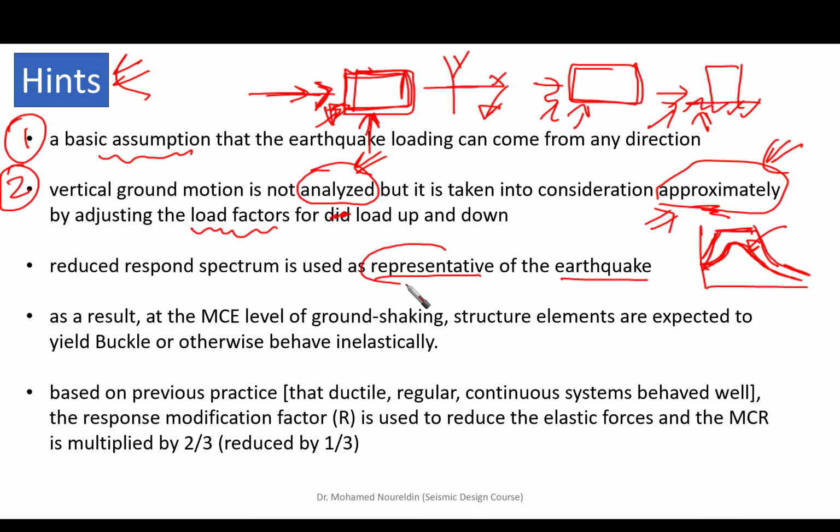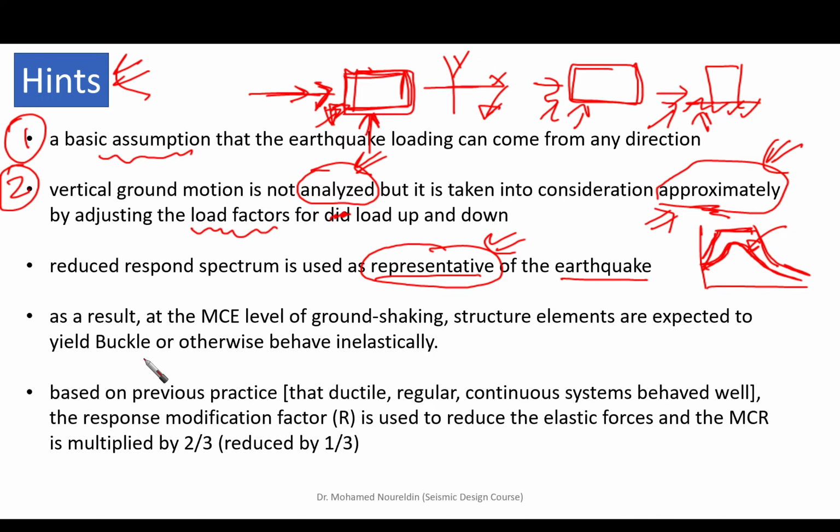Because there is some damping introduced to our structure that we are not taking into consideration. The original response spectrum is supposedly elastic, but actually the structure is going to exert and dissipate some hysteretic energy during the earthquake. So there is some dissipation of energy and additional damping that we need to take into consideration when designing our structure. This is why we are reducing the response spectrum.